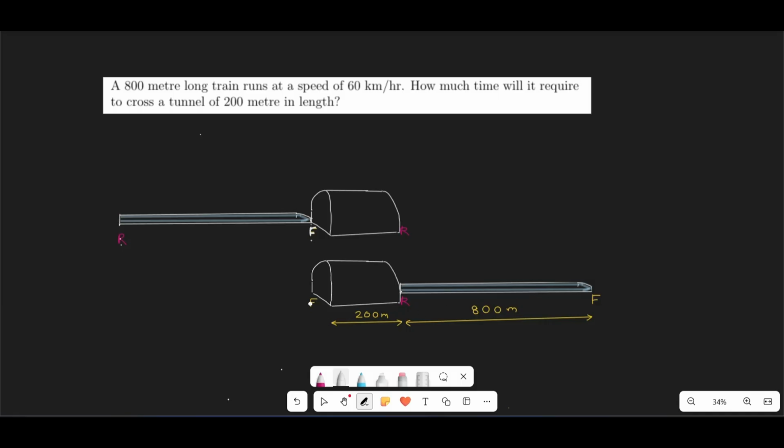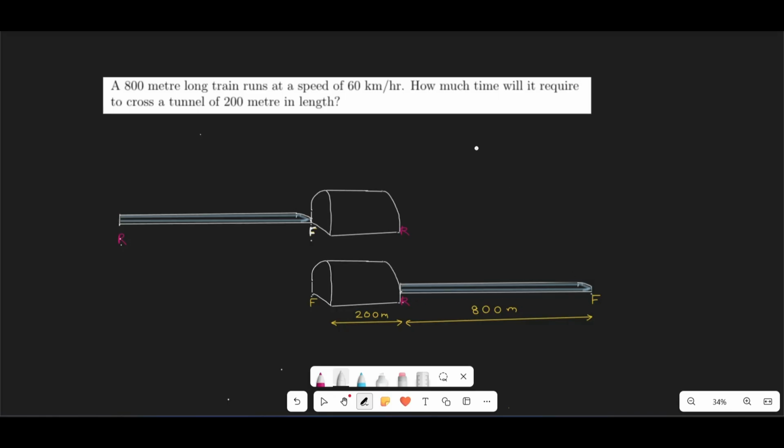So how much has the rear end traveled or the front end traveled? When the front end was at the opening of the tunnel, you can see the position of F here. And now when it has completely crossed, the position of F is here. So it is 200 meters, the length of the tunnel, plus the length of the train.